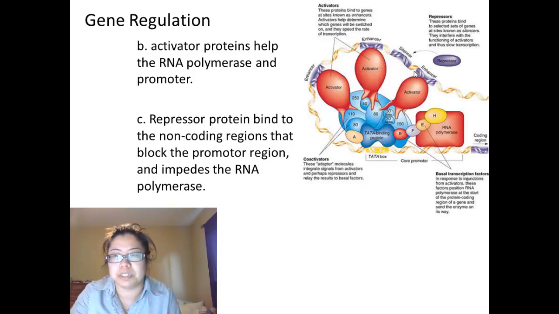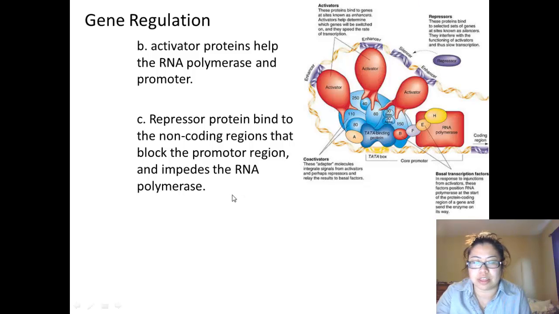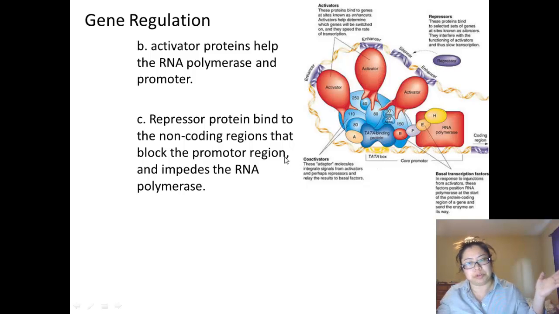So over here, potentially, there's a repressor protein. It could bind onto a non-coding region, one of the junk DNAs, that will block the promoter region. So here, a repressor protein could possibly block this area here. They have the right sequence to bind on and say, hey, RNA polymerase, you can't go anywhere.